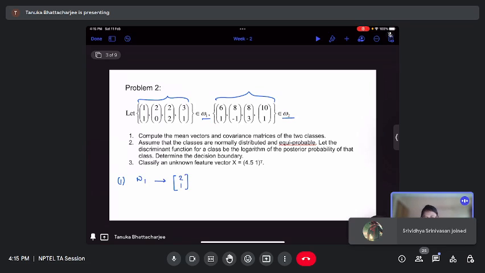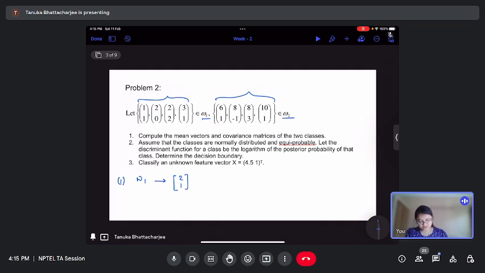We take the average of 1, 2, 2, 3, the first elements, and that is 2, and we take the average of 1, 0, 2, 1, the second elements, the average is 1. So, this is the mean vector for class omega 1. Similarly, for class omega 2, if you compute, the mean vector will be (8,1). You can verify later.